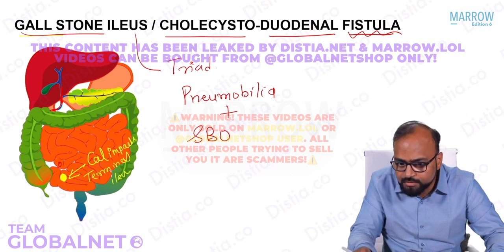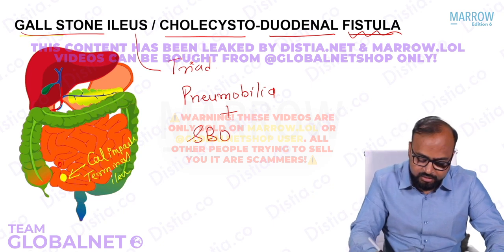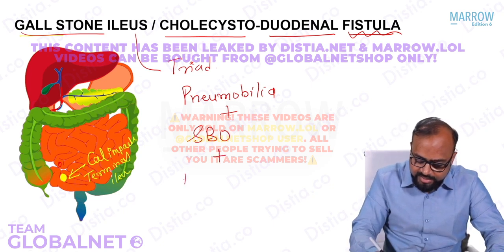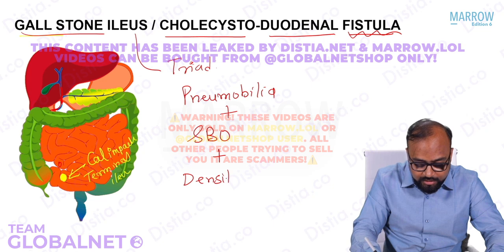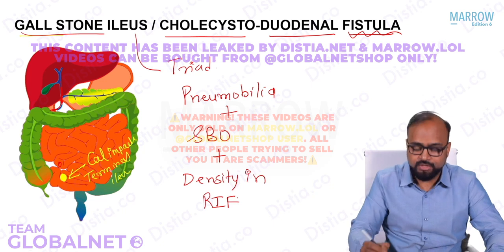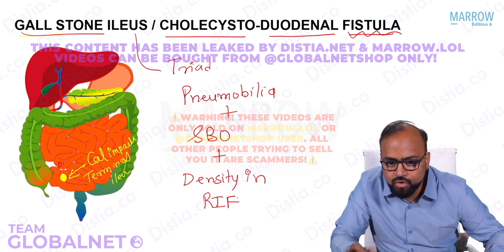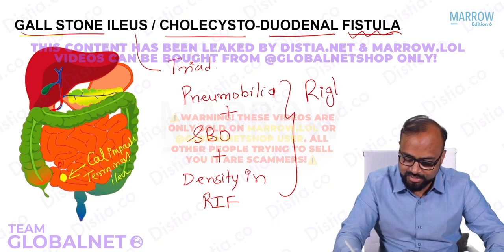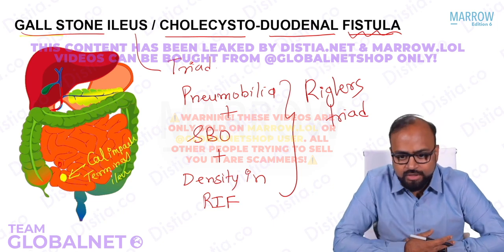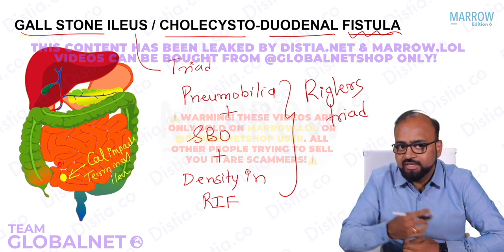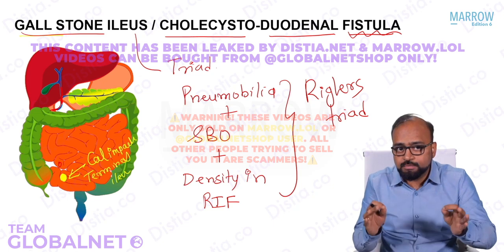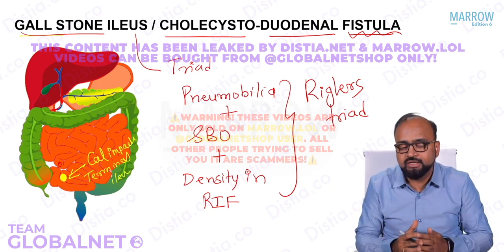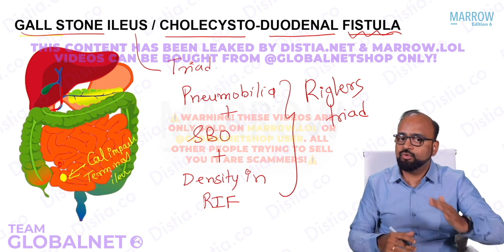Pneumobilia, presence of small bowel obstruction, and there is a density which corresponds to a calculus seen in the right iliac fossa. So this is what is called the Rigler's triad of gallstone ileus. So Rigler's triad is pneumobilia, small bowel obstruction, and the calculus is impacted. So what is the site of obstruction in gallstone ileus? It is terminal ileum. It is because of the gallstone passing into the lumen of the bowel.